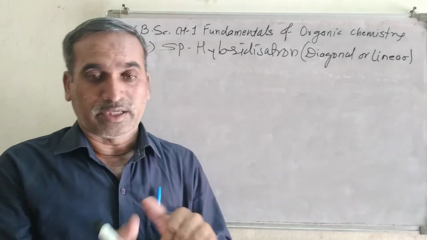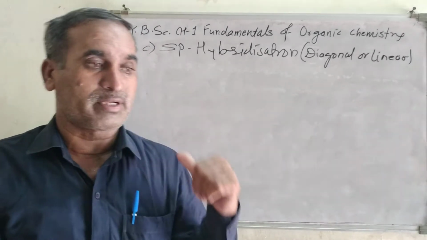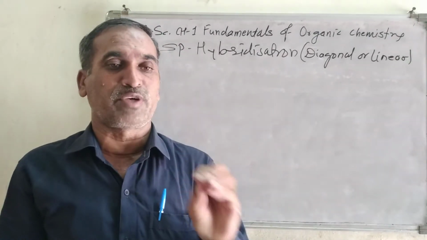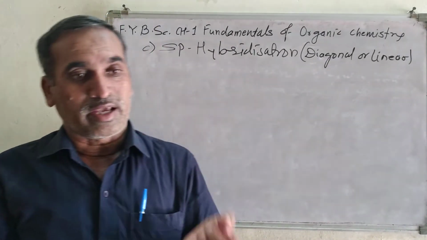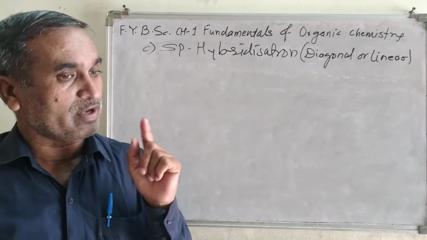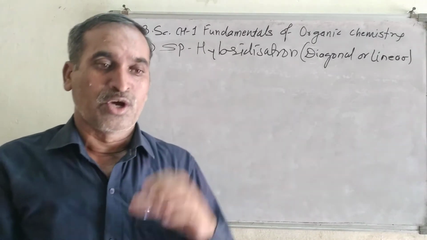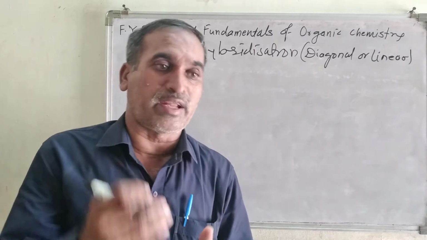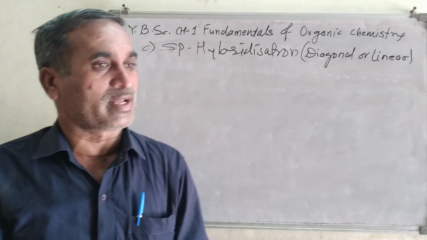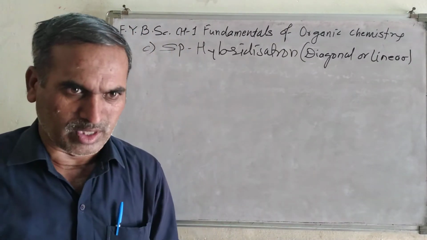For sp3 hybridization, we have taken the methane molecule or the ethane molecule as a suitable example. For sp2 hybridization, I have explained by taking the ethylene molecule, right?